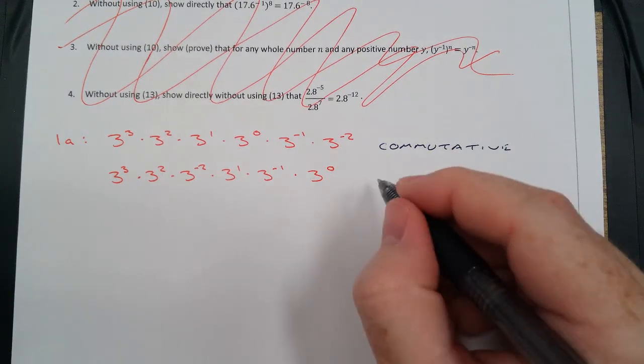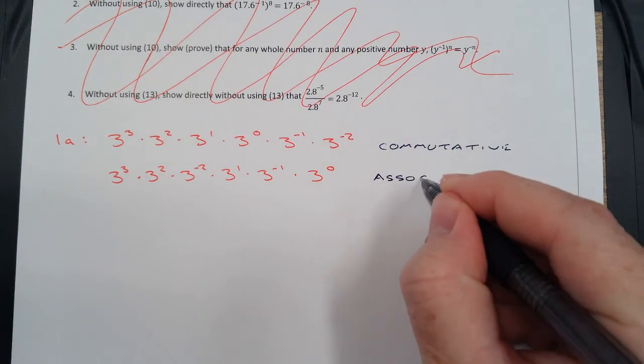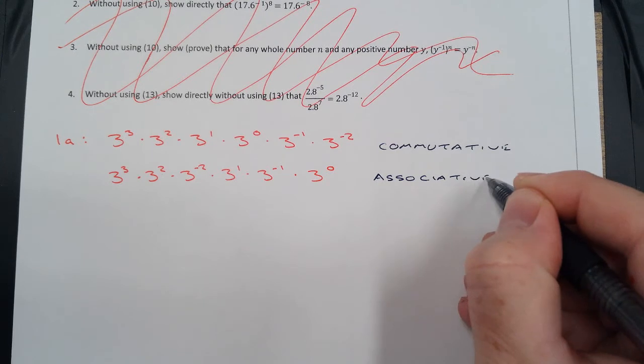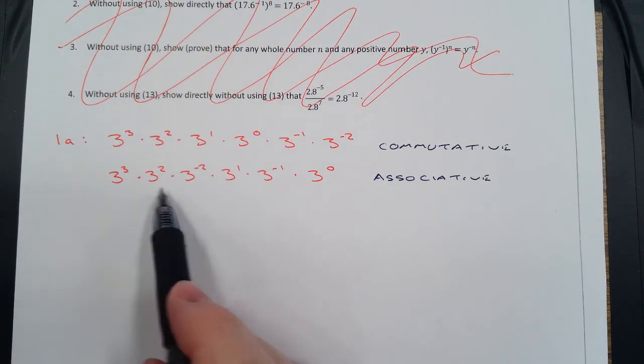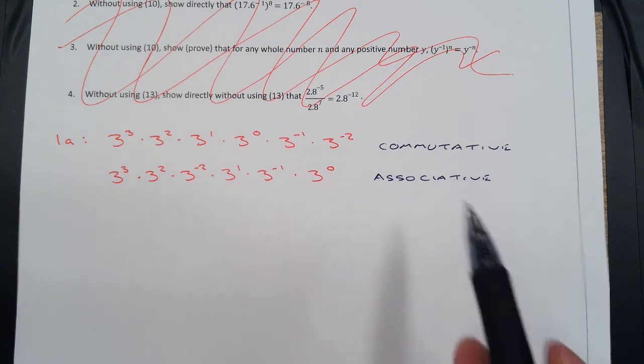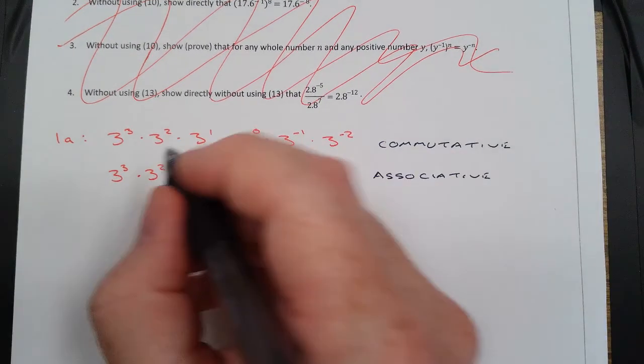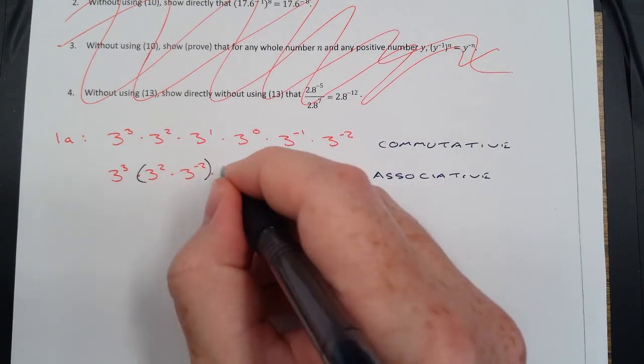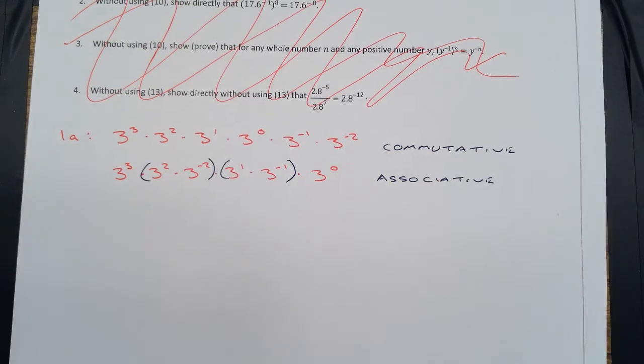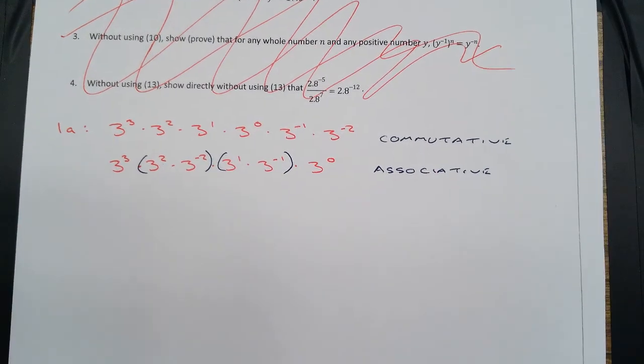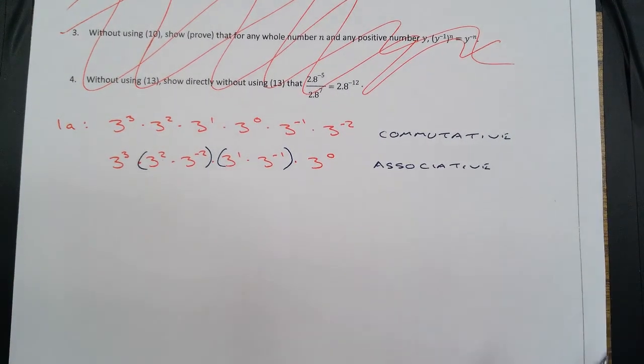Now I'm going to use something called the associative property, because when everything is multiplication, you use the associative property. It lets me make groups to decide what I want to do first, and I want to do those two first. I'm going to save 3 to the third and 3 to the 0 to last.